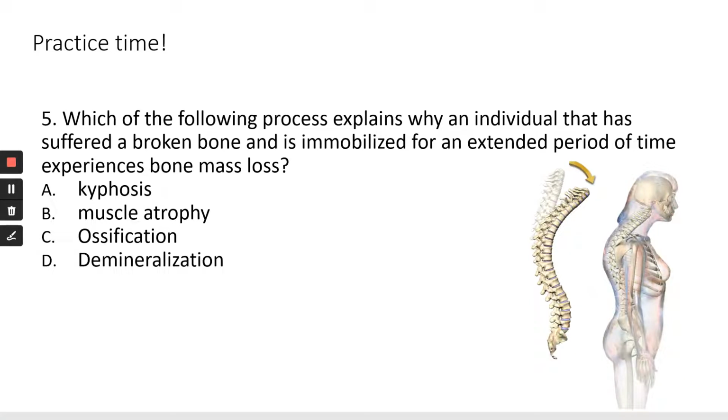So which one will cause bone mass loss? Now, if you don't move for a long time, if you're immobilized, then it doesn't add stress or pressure to your bones to make your bones stronger. Exercise actually helps your bone become stronger. So if you're immobilized for a while, you don't have the signals or the stress that can make your bone become stronger. So you will probably experience bone mass loss.